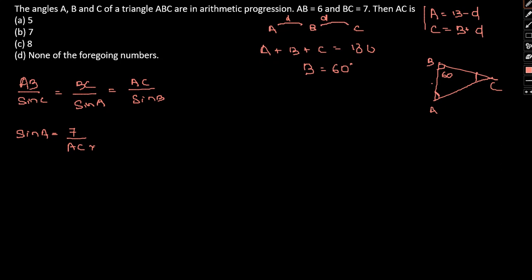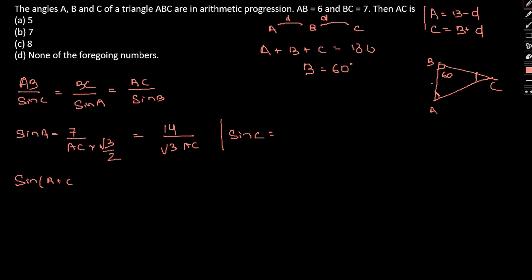Okay, hang on. Sine 60 will be root 3 by 2. So therefore sine A is 14 by root 3 AC. Okay, that is the value of sine A. Let me figure sine C as well.